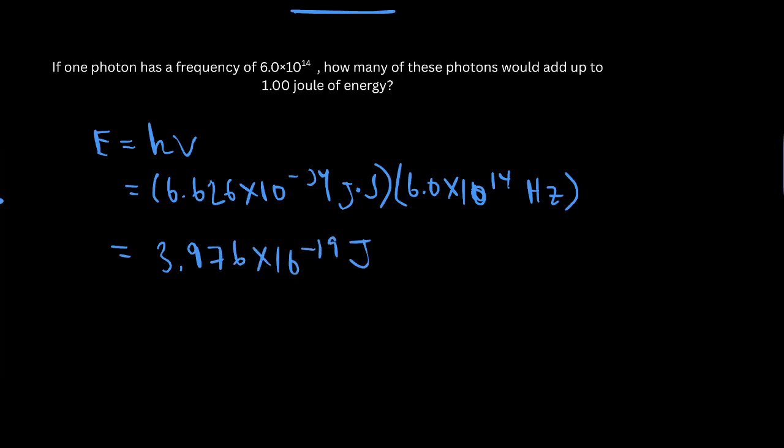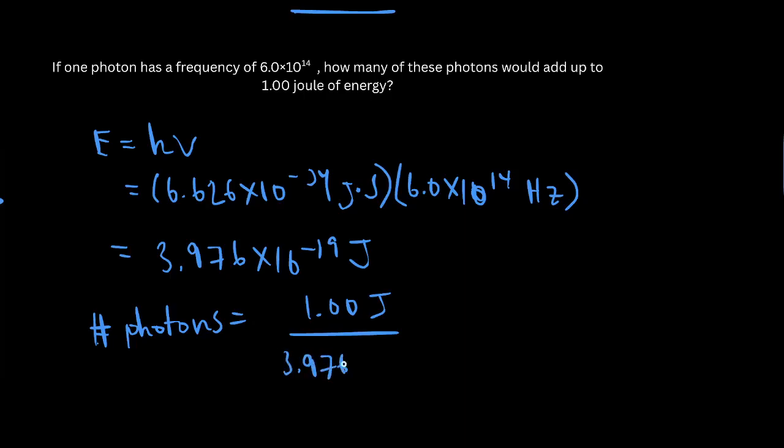And well, if we're trying to find the number of these photons that would add up to 1 joule of energy, well then for this number of photons, we're simply going to have to divide 1 joule by the energy that each photon has. So divided by 3.976 times 10 to the negative 19 joules.